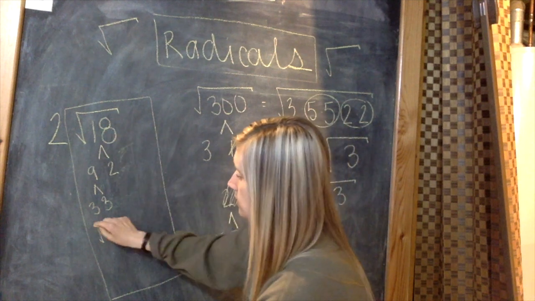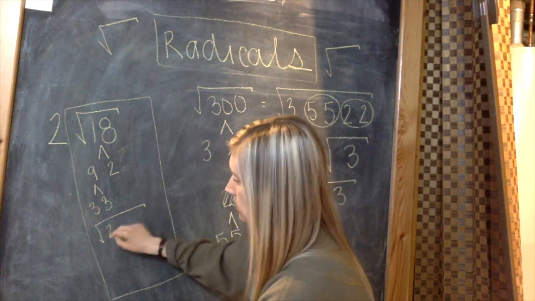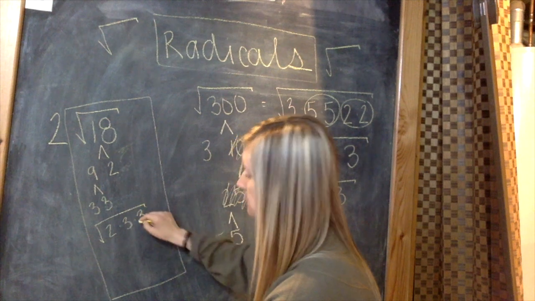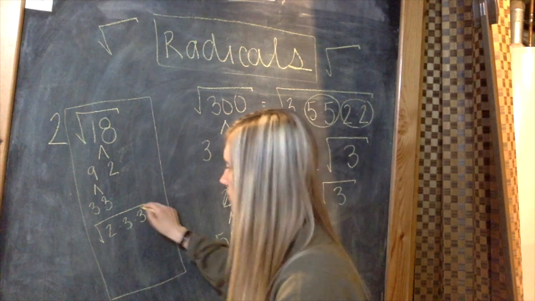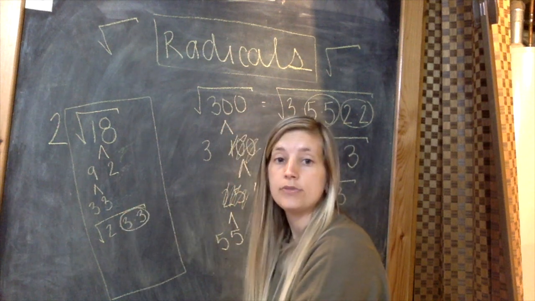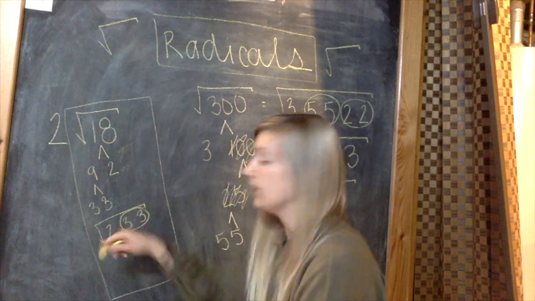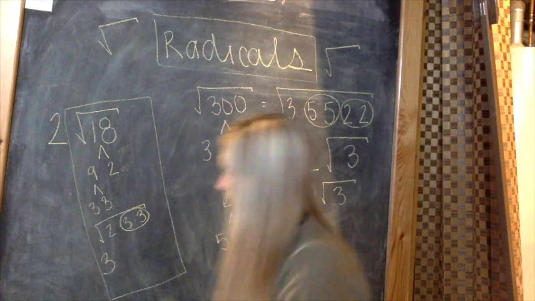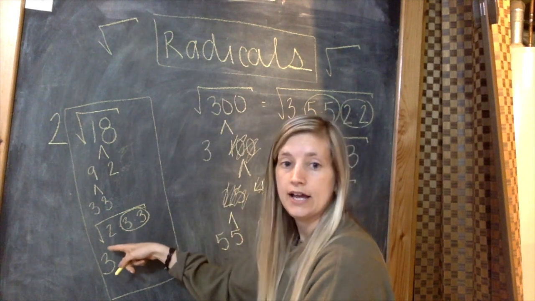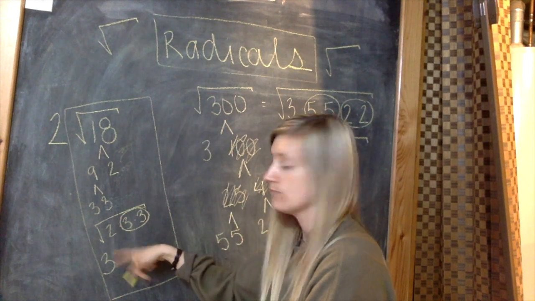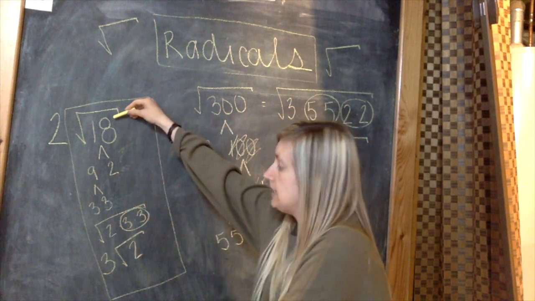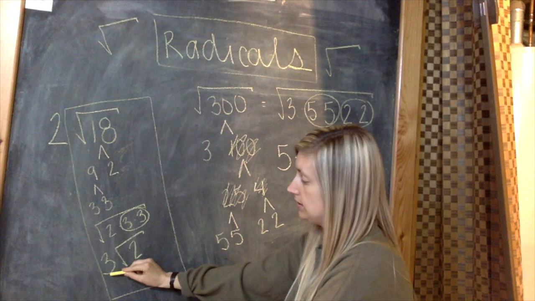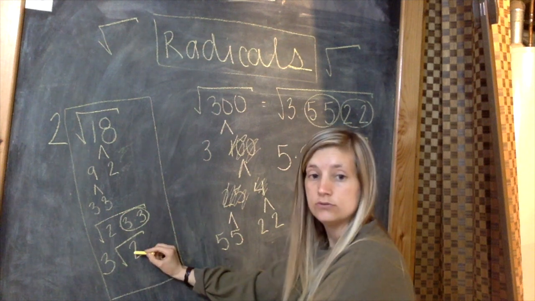So the square root of 18 is 2 times 3 times 3. Look for a pair. Yep, there's a pair of 3s, so the 3 is just going to go out front. Do I have a match for my 2? No, that's going to stay. So the square root of 18 is 3 times radical 2.